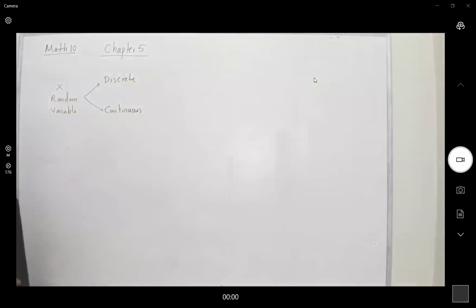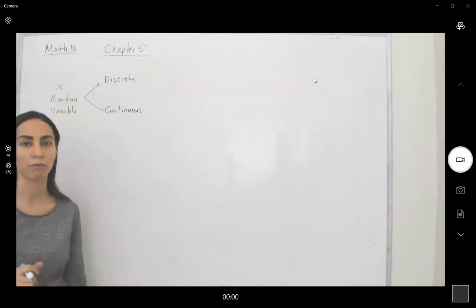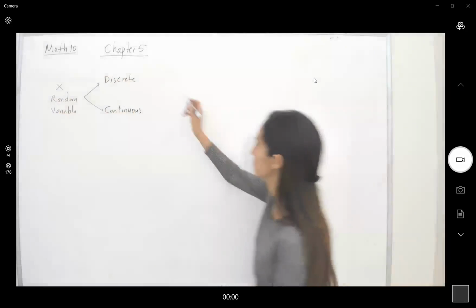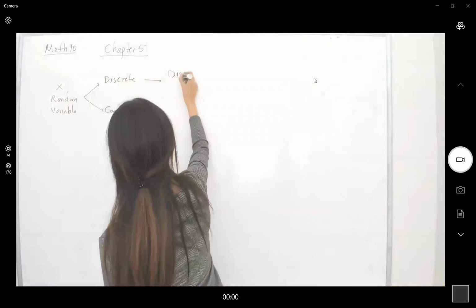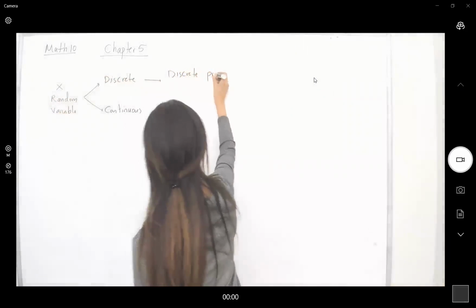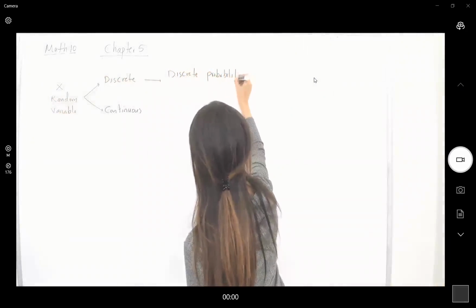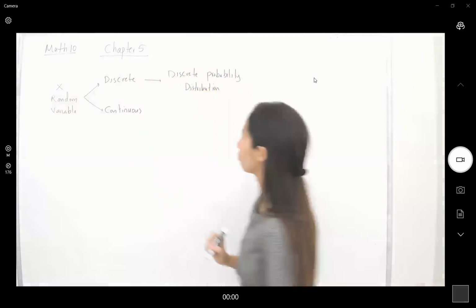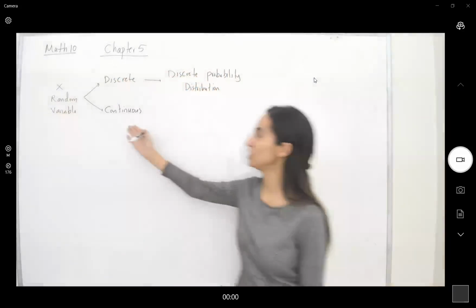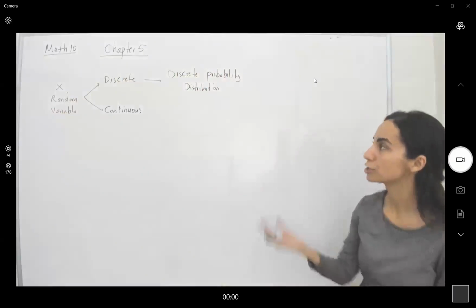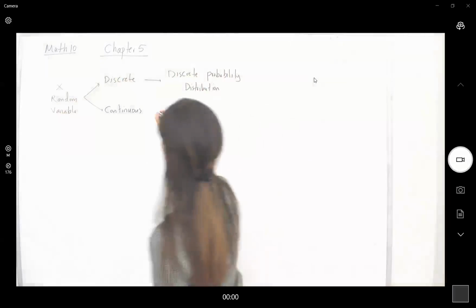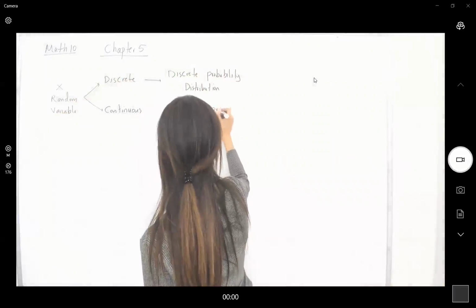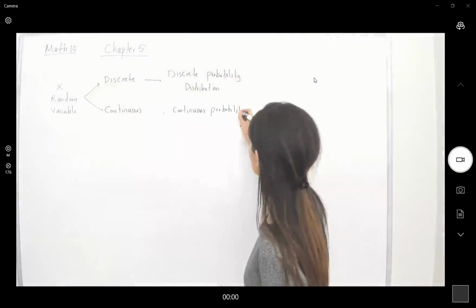Very well. So when it comes to a discrete random variable, we talked about discrete probability distribution. Well, for a continuous random variable, we have continuous probability distribution.